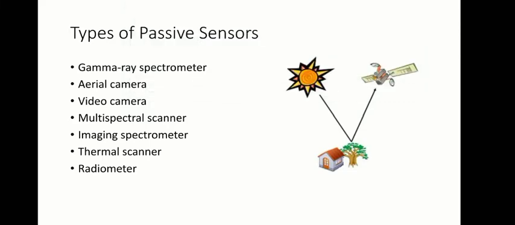A thermal scanner can also be used to study the effect of drought, which we call water stress, on agricultural crops, and to monitor the temperature of cooling water discharge from thermal power plants. Another application is in the detection of coal fires.